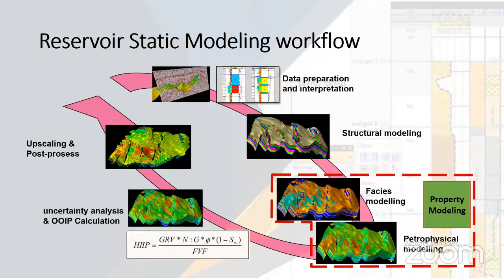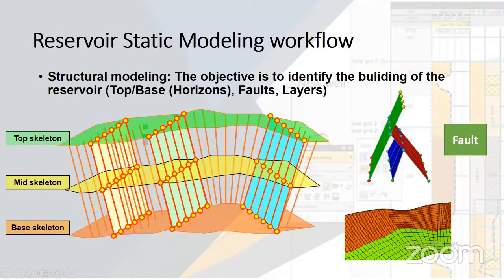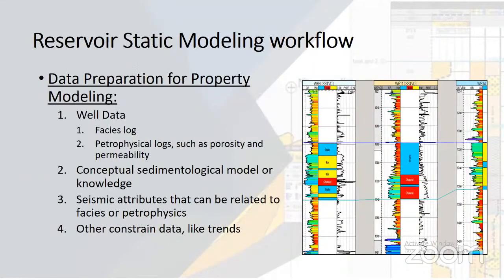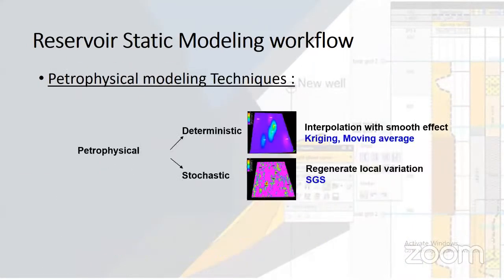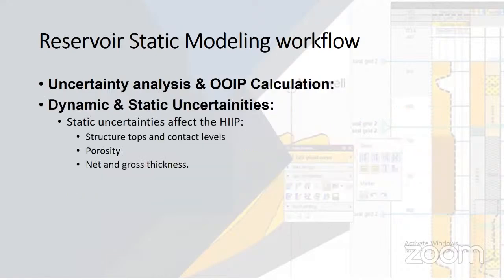That is the idea of uncertainty analysis: you have some parameters and these parameters have a certain range, so you will have a range also for the result, which is the oil in place. That is the uncertainty analysis in the case of a static model. Usually we use it for the oil in place calculation.